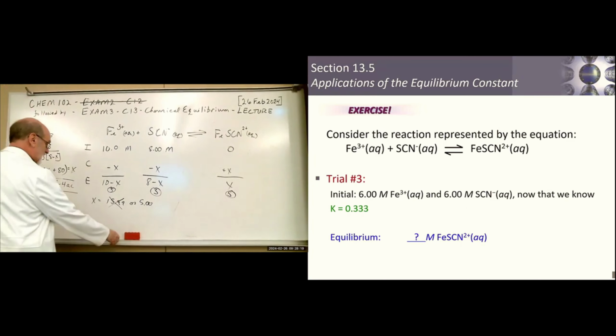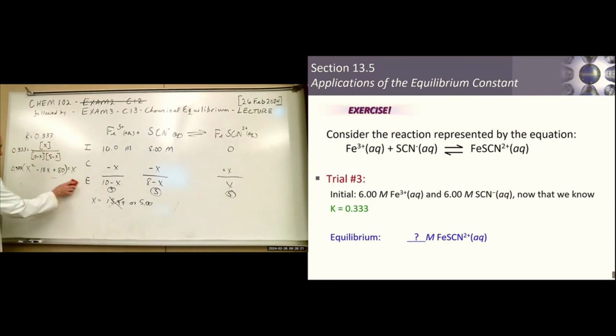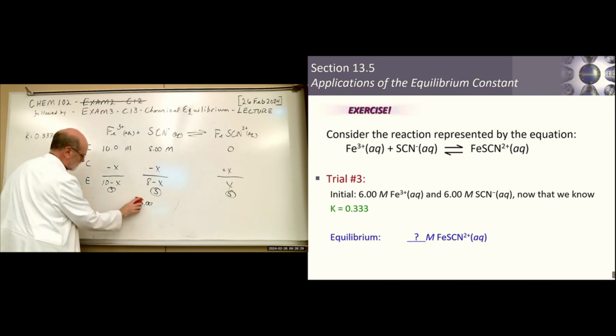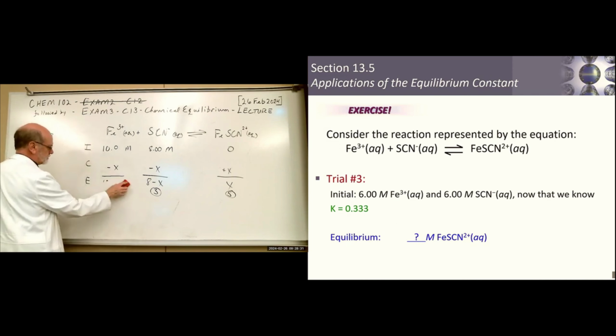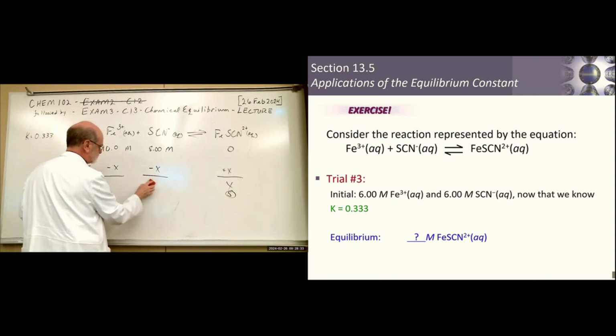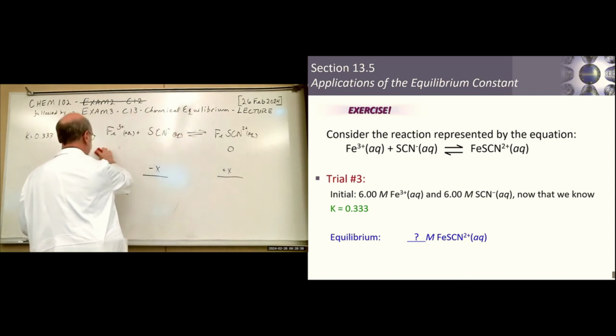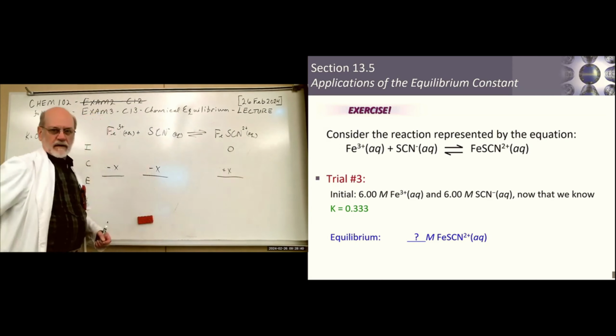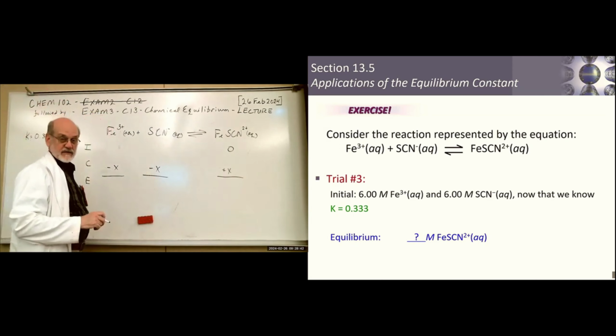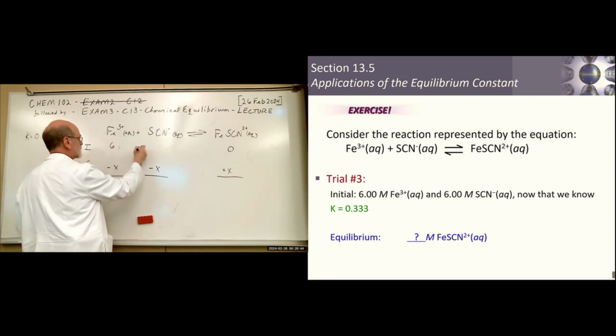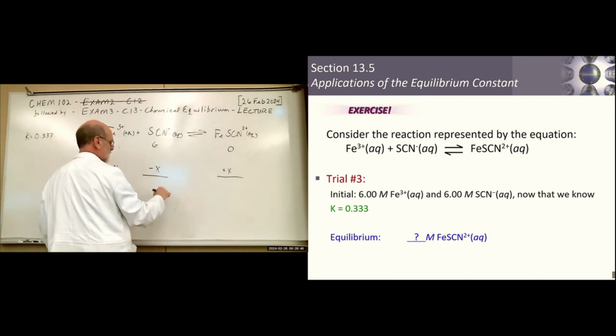So the position could change. All we need is to know what the initial concentrations are, and we get a different equilibrium position. If it's 6 and 6, we have 6 here, 0 there.